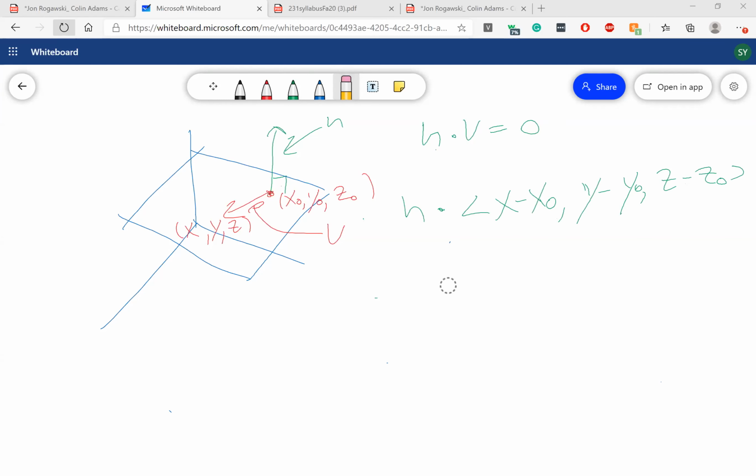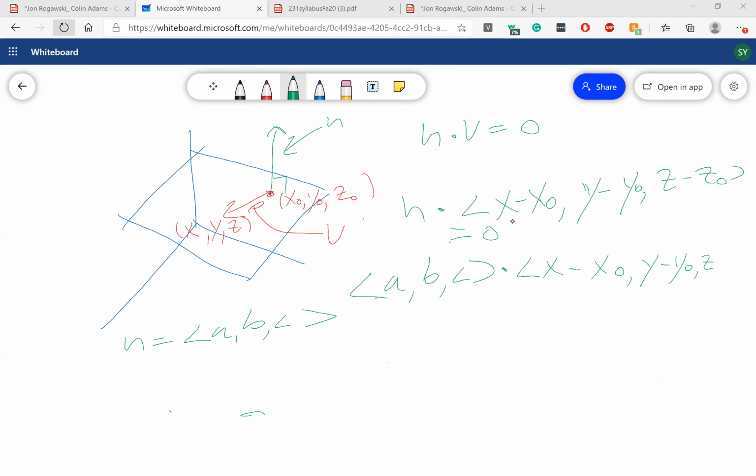And so now, let's imagine my vector n is equal to a, b, c, then this thing becomes a, b, c dotted with x minus x0, y minus y0, z minus z0. Oh, sorry, this is equal to 0.